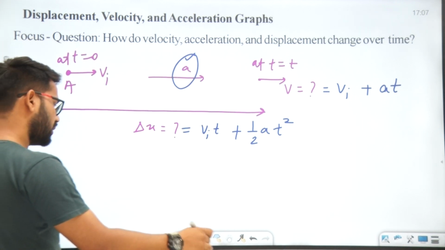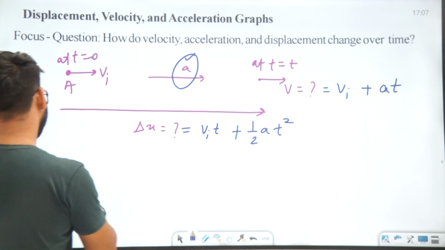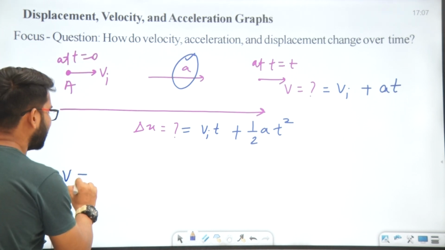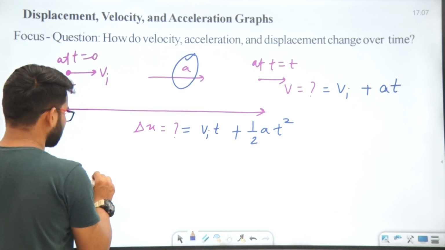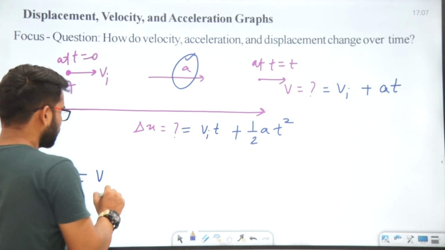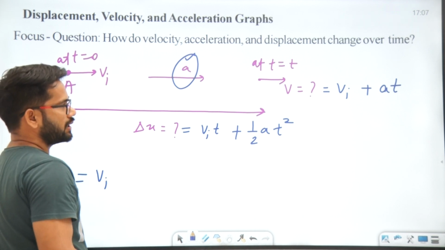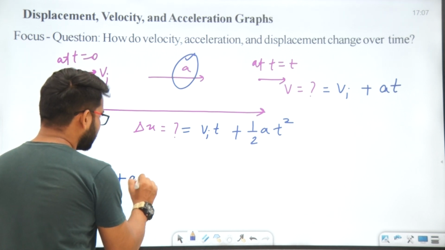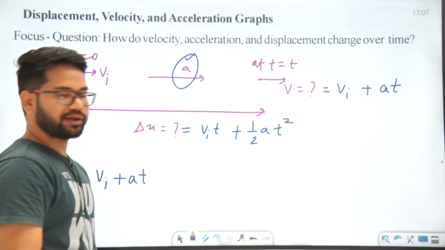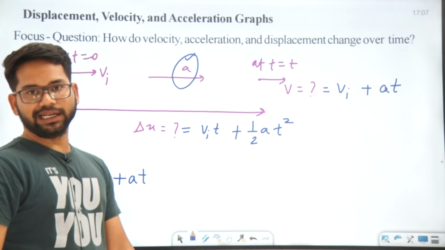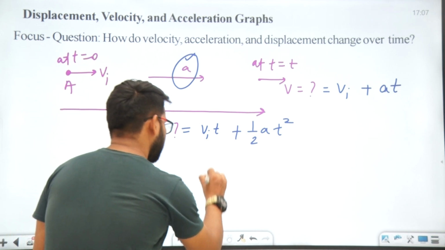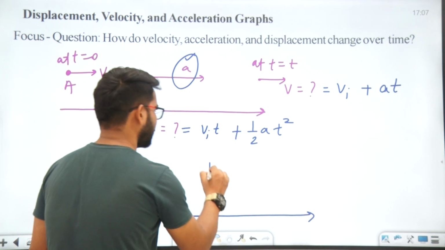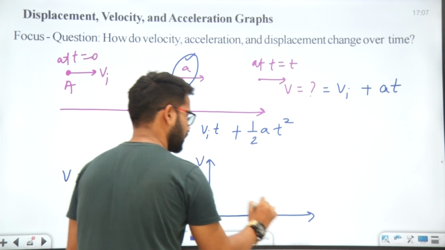Now, if you are interested in drawing the graph, that is the variation of velocity with time, that will be v equals vi plus a into t. So you will see it's a linear variation. Our graph will be a straight line between velocity and time.